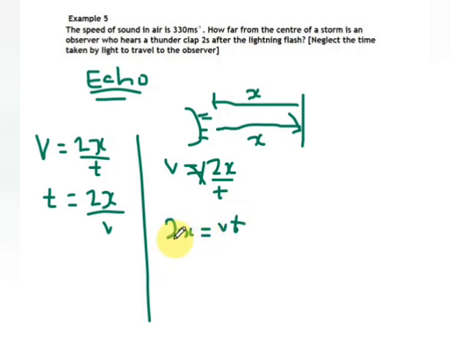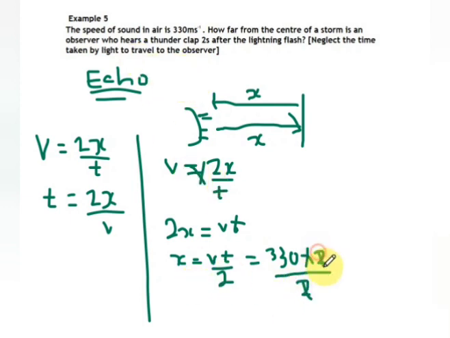Now divide both sides by 2. S is going to be equal to vt divided by 2. So let's put in the value. V is 330 meters per second times the time, 2 seconds, divided by 2. The 2 cancel out each other, that gives us 330 meters.